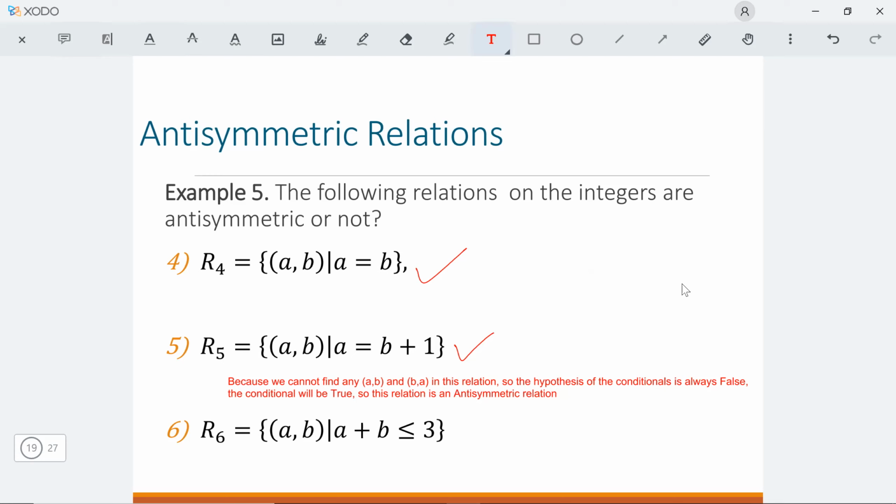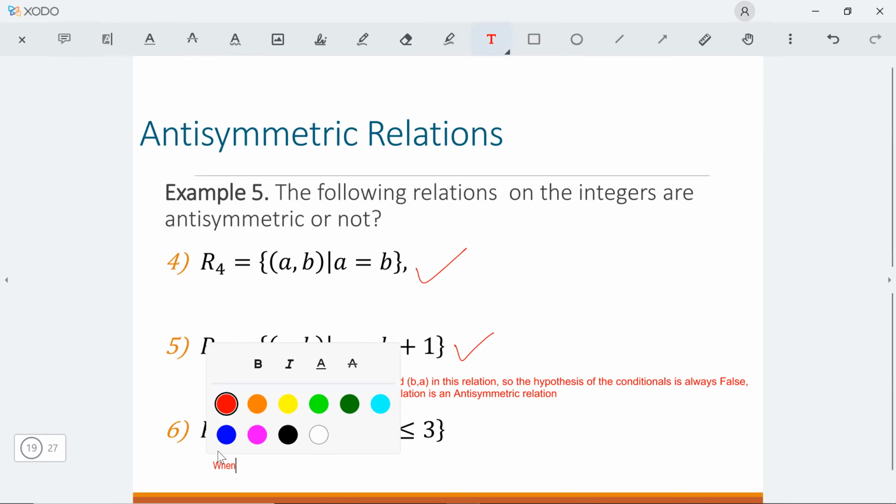However, consider another example, A equals 2, B equals 1. Then A plus B equals 2 plus 1, which means this is in our relation. If we flip the order, this becomes A equals 1, B equals 2. So we have 1 plus 2, which is smaller than or equal to 3.